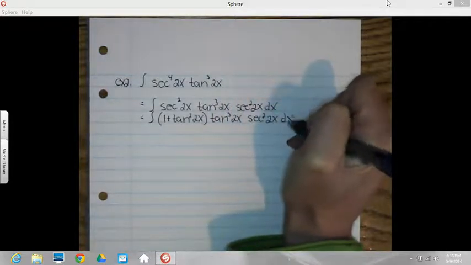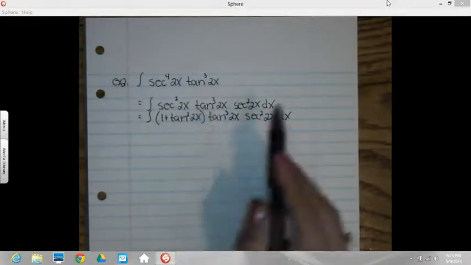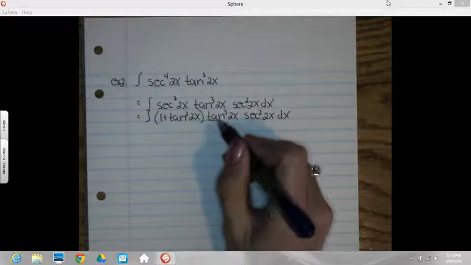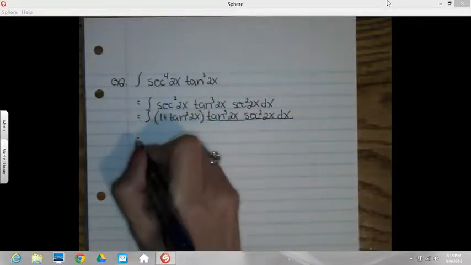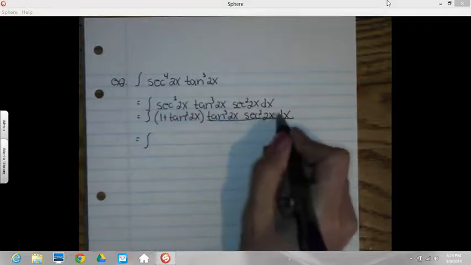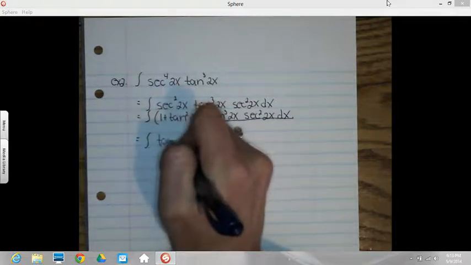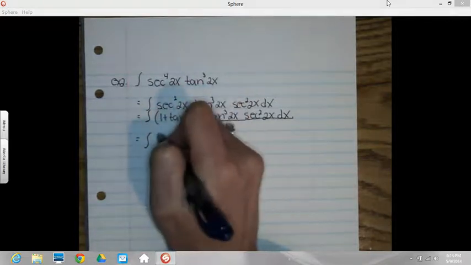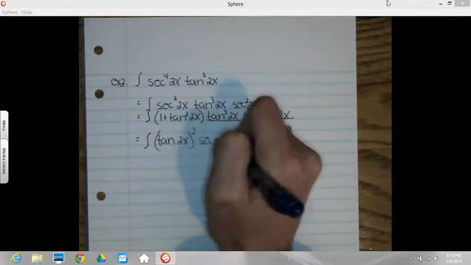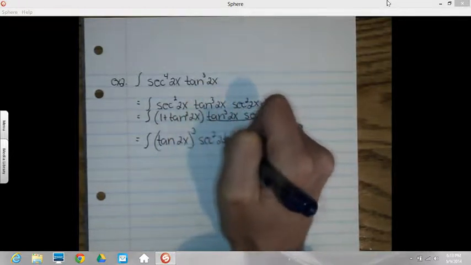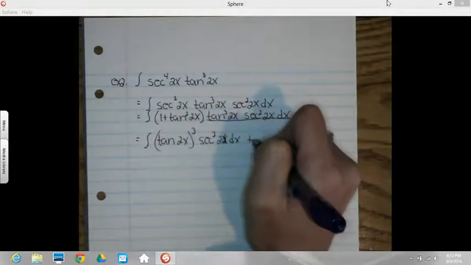Okay, I don't have to expand with Pascal's triangle because the power is 1, so I'm ready to just take this whole chunk and distribute it twice. So my first integral, this whole thing gets multiplied by 1, so I've got the tan of 2x cubed with the secant squared 2x hanging out with the dx, plus, now distributing, my tans are going to combine.